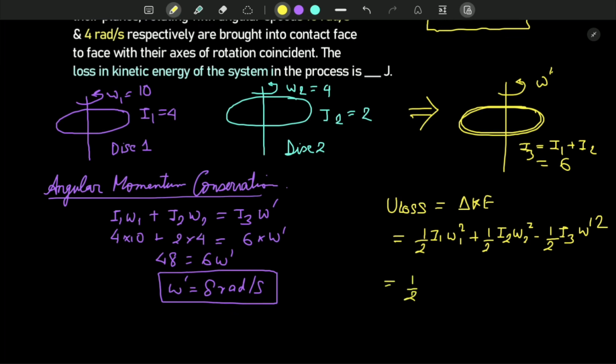So placing the values, I will get half I1 is 4, omega 1 was 10, so 10 square is 100, plus half I2 is 2 and omega 2 was 4, so into 16, minus half I3 is 6 into 8 square, 64.